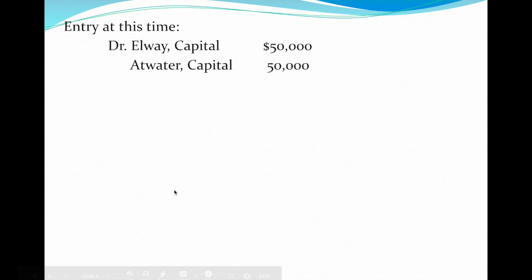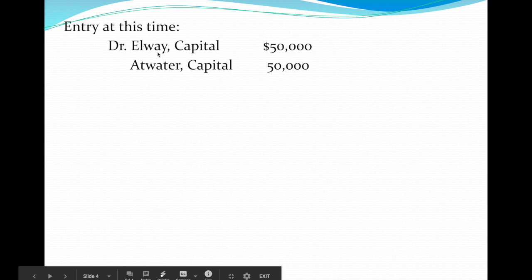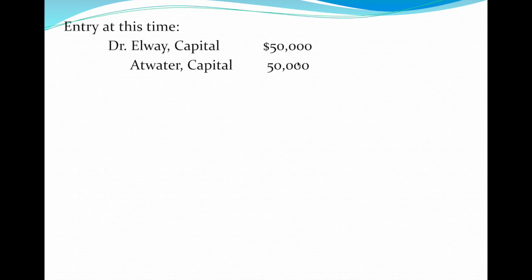So to show that, we debit Elway capital for $50,000 and we debit Atwater for $50,000, and then we credit the new guy, Smith, for the capital of $100,000. So this is a zero-sum entry, if you see what I'm saying. We have total debits of $100,000 and total credits of $100,000. So the net result of this transaction is zero.